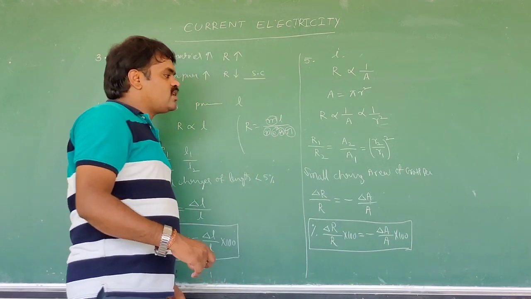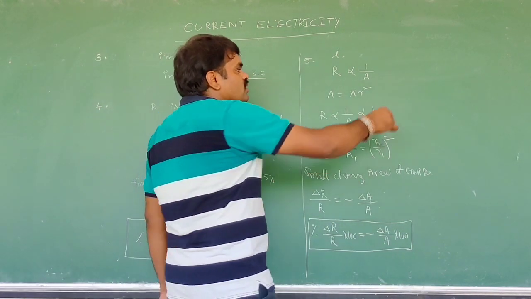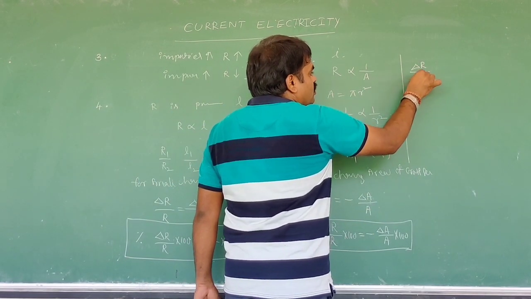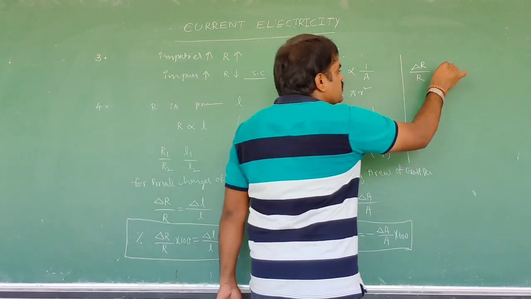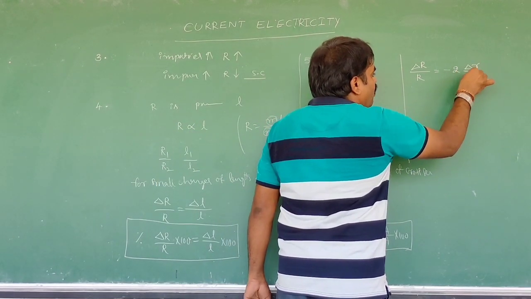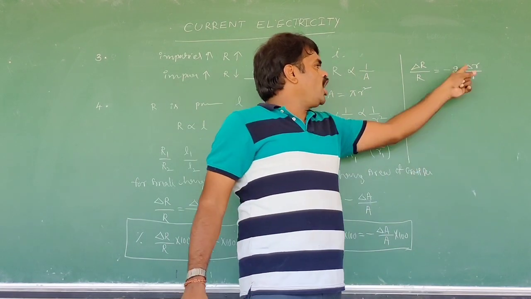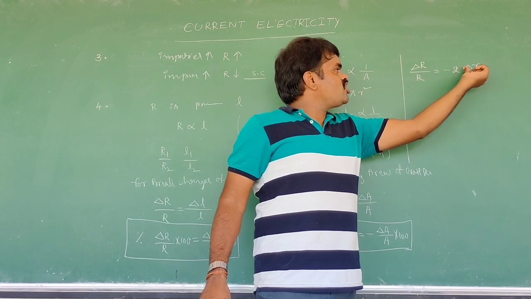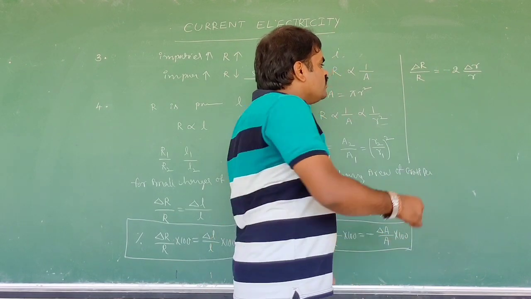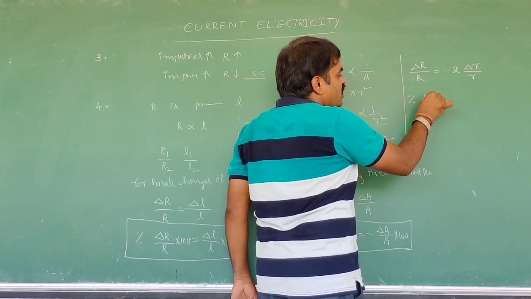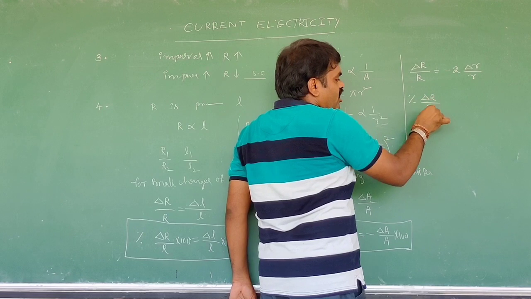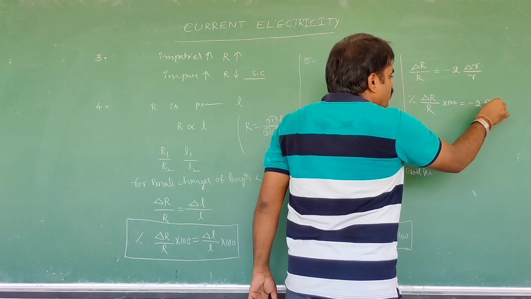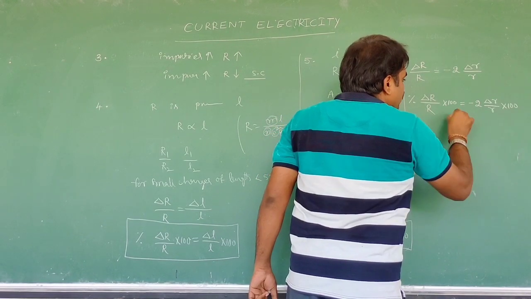In terms of the radius of cross section, ΔR by R is equal to minus 2 into Δr by r. Here Δr is the change of radius of cross section of the conductor. Then the percentage change in resistance, ΔR by R into 100, is equal to minus 2 into Δr by r into 100.